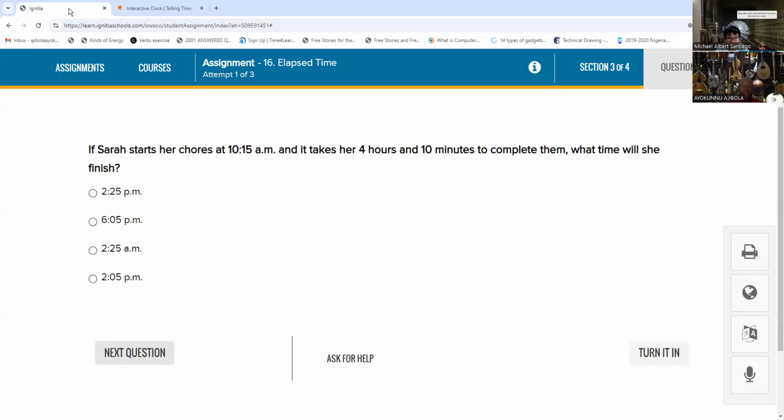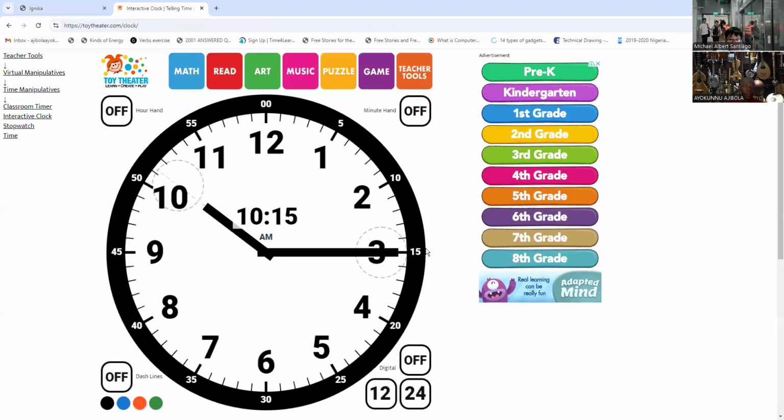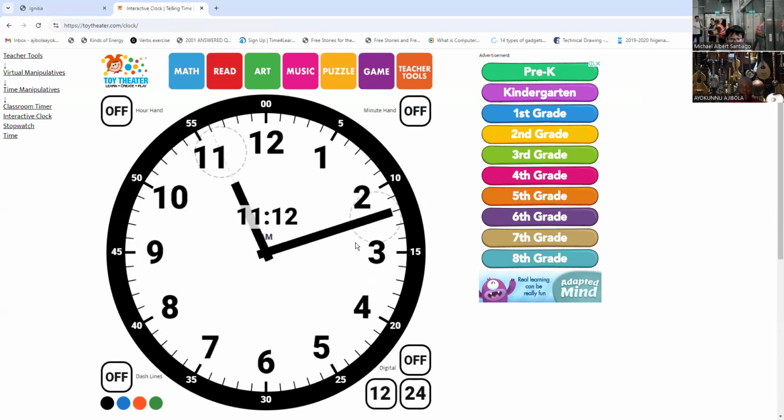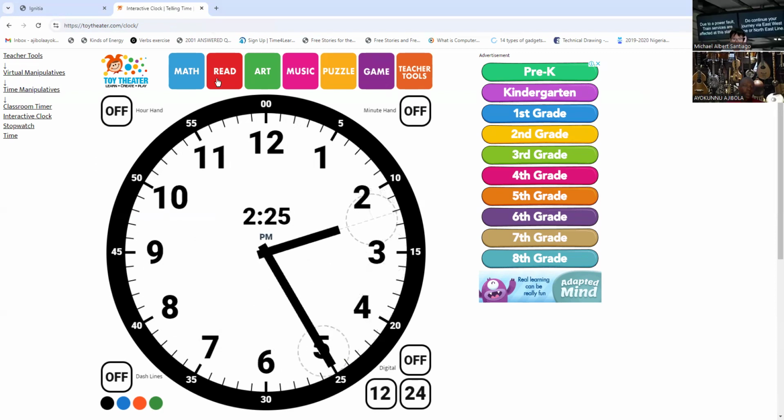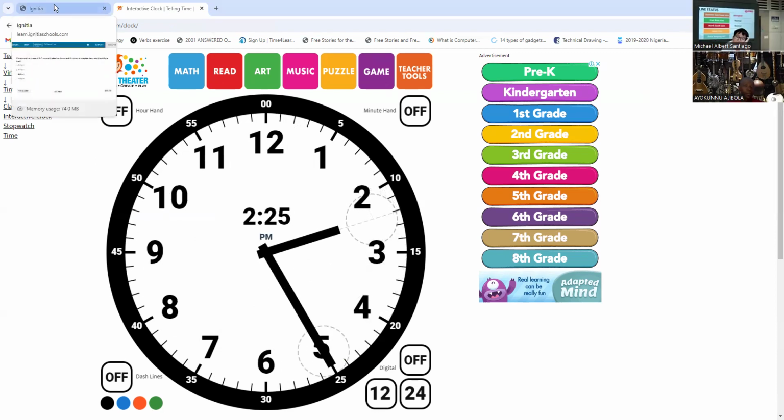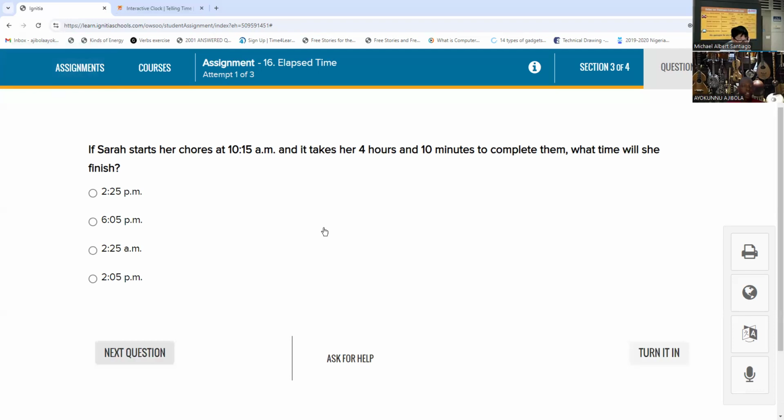Then the time it takes is 4 hours, 10 minutes. So we'll go 1 hour, 2 hours, 3, and 4. That is 2:15 plus 10, 2:25, okay? 2:25 p.m.